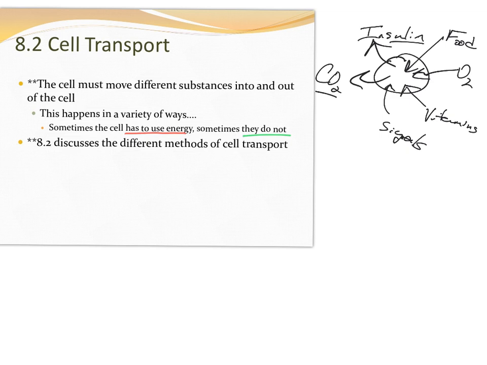But it also has to allow some other things out, like waste. Every cell produces waste. You pee it out all the time in the form of urea. In the case of animals, plants have different kinds of substances, but we have urea. It's yellow, it's smelly, it smells a little bit like ammonia because urea is another form of it. It's ammonia that's been changed into something that's non-toxic to our system.